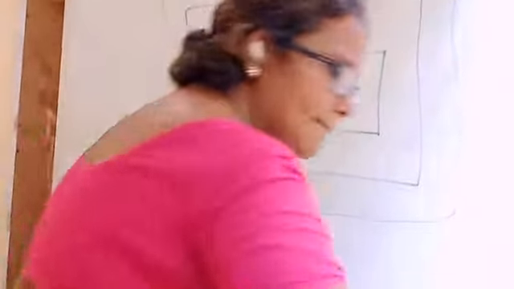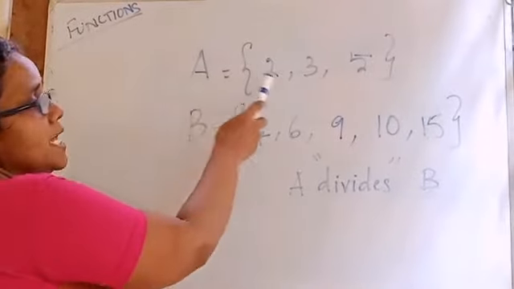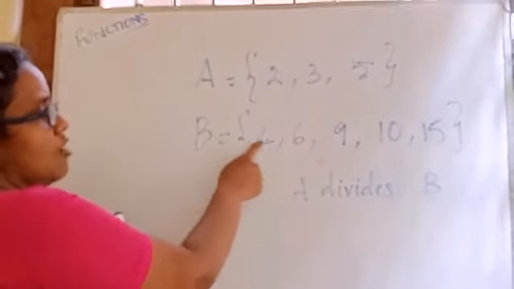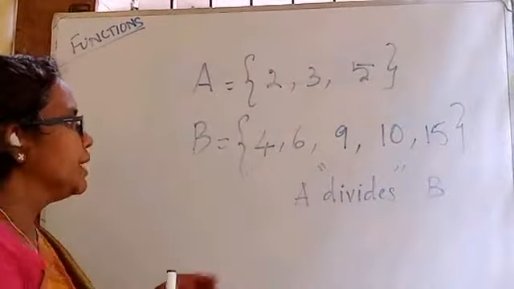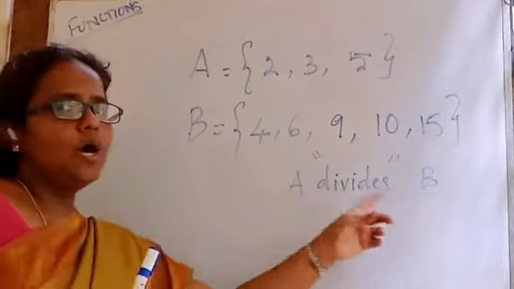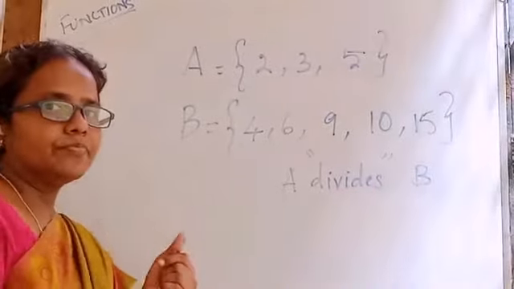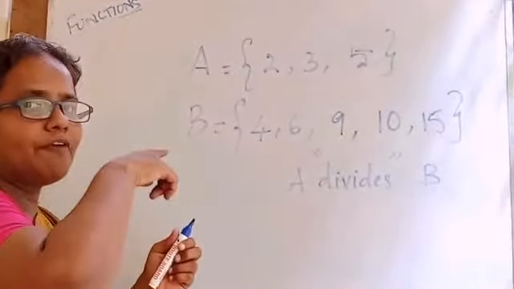Let's consider this problem here. Say A consists of the elements 2, 3 and 5. B consists of the elements 4, 6, 9, 10 and 15. And I want to show a relation based on this: A divides B. We will first show it by means of an arrow diagram.